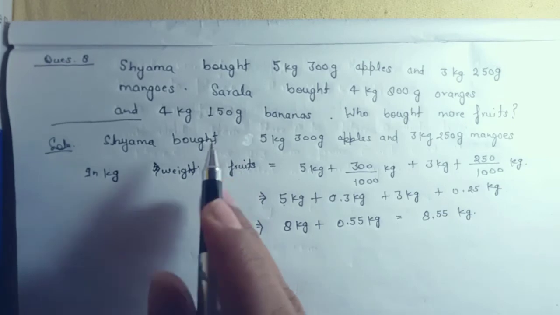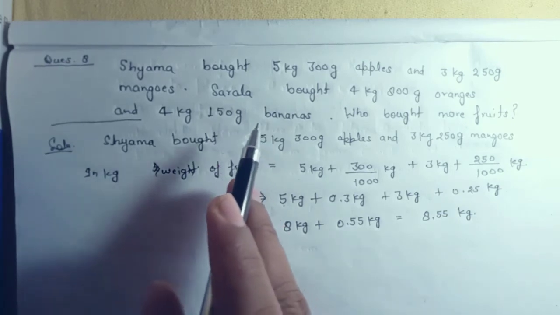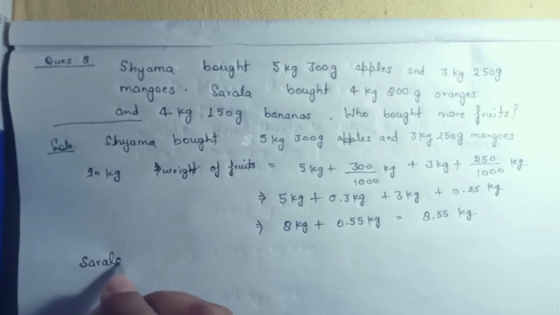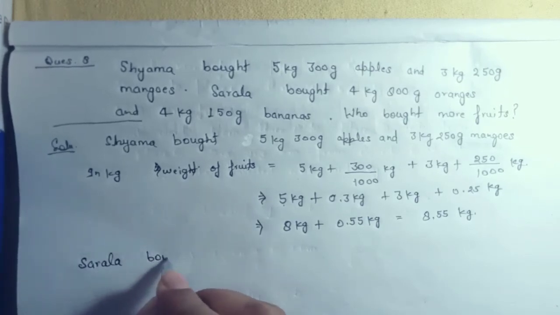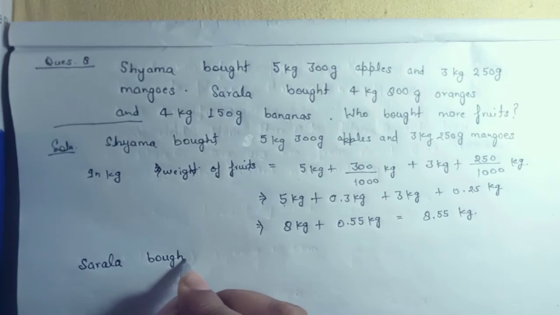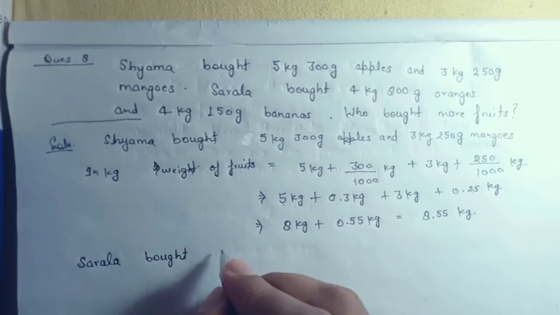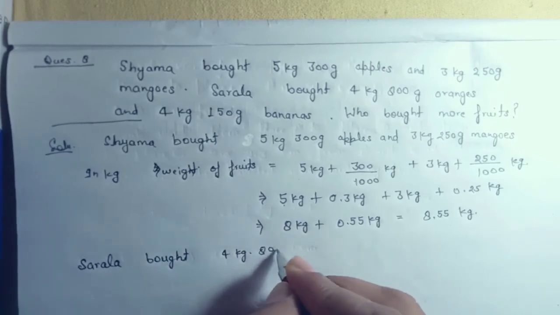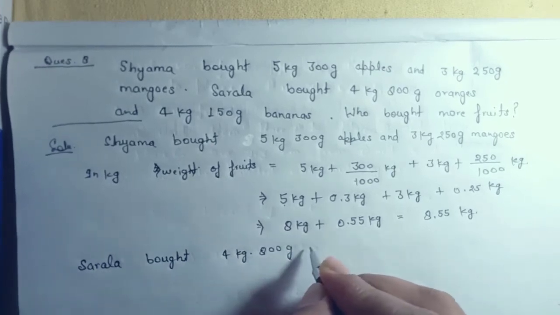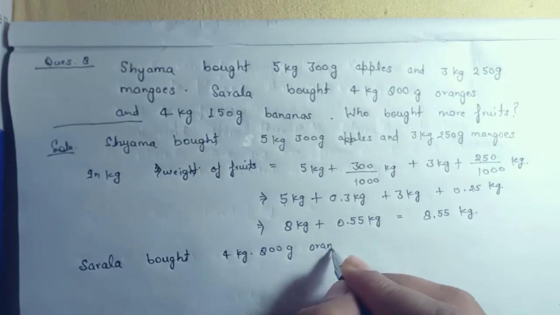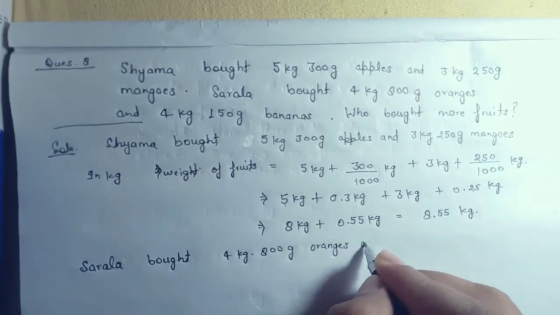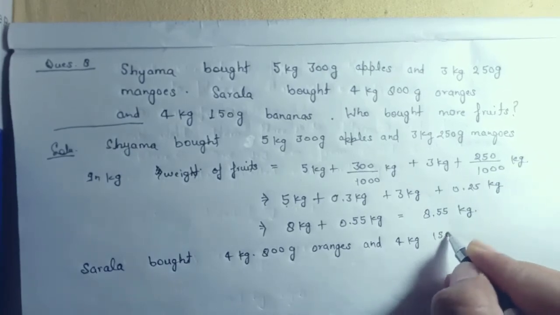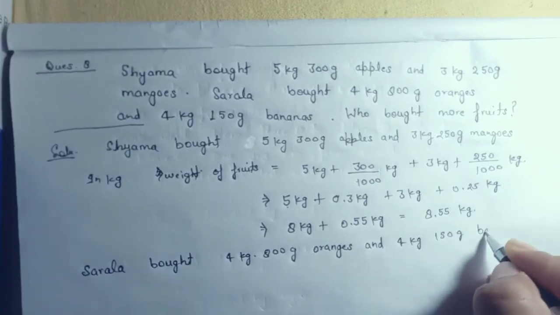In the same way we have to calculate the total weight of the fruits bought by Sarla. Sarla bought 4 kilogram 800 gram oranges and 4 kilogram 150 gram bananas.